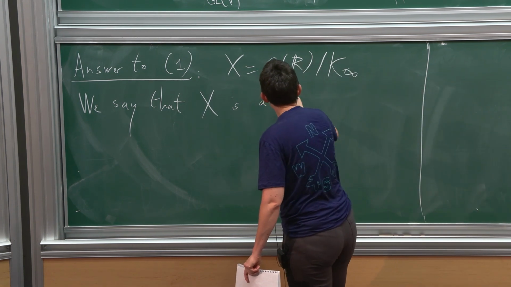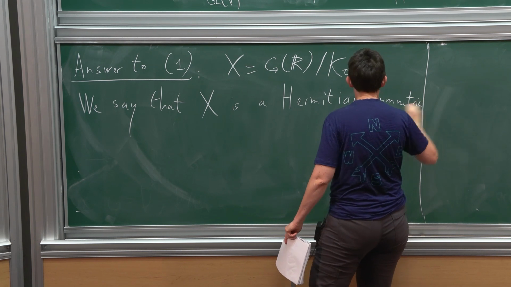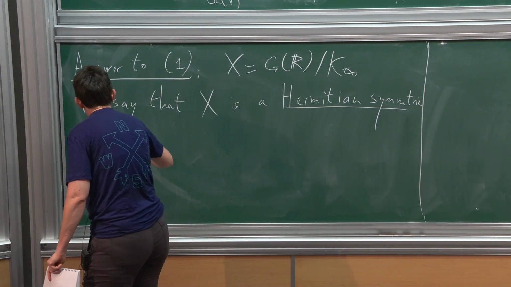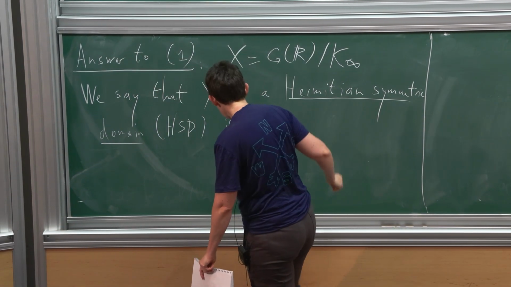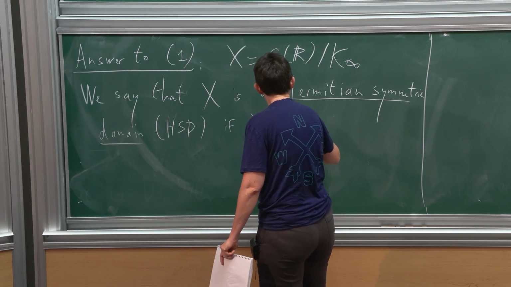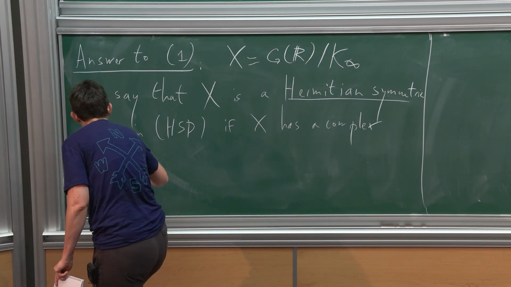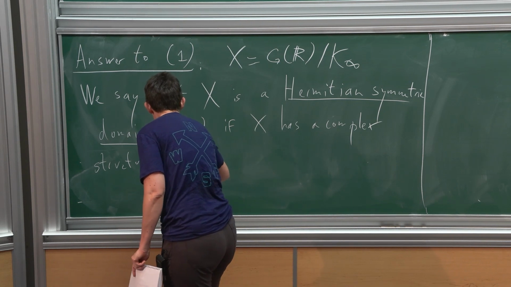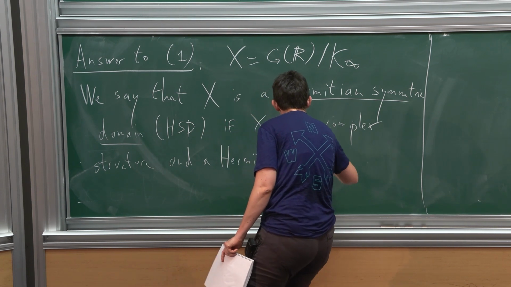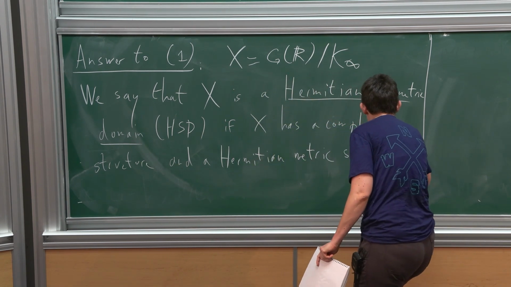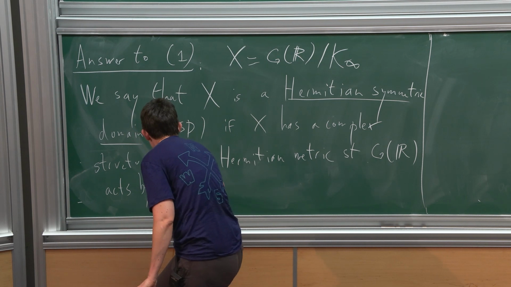So we say that X is a Hermitian symmetric domain, which I'm going to abbreviate by HSD, if X has a complex structure and a Hermitian metric such that G of R acts by holomorphic isometries.